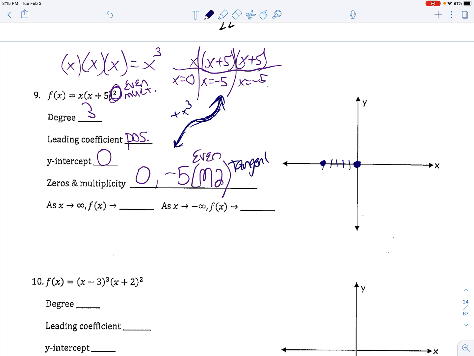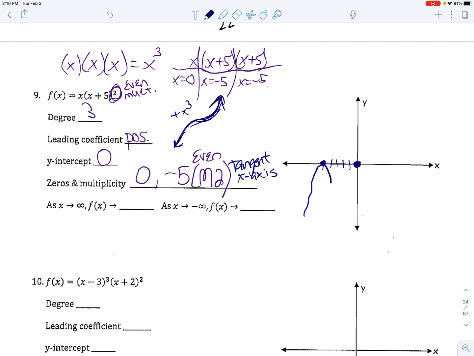Now remember, even multiplicity, people. It's tangent to the x-axis at that root, so remember that. That's even multiplicity. It's tangent to the x-axis.